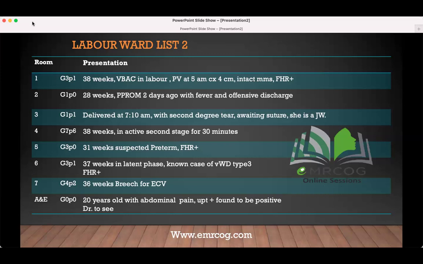For the second room, this is top priority because she is in the 90s. She is 28 weeks in her background. So I want to assess her stability. She has a fever now, so I will call for help, inform the neonatologist, and start the sepsis six bundle.